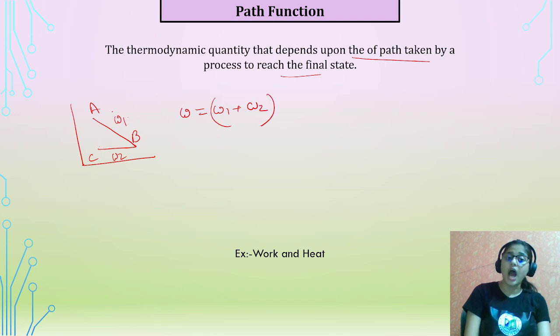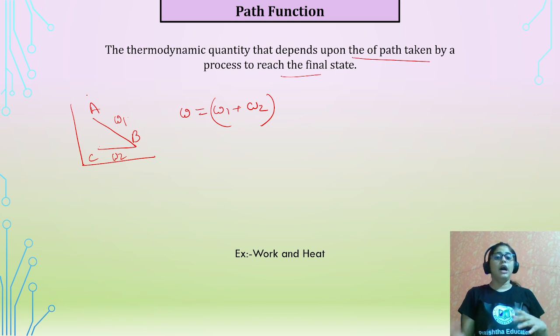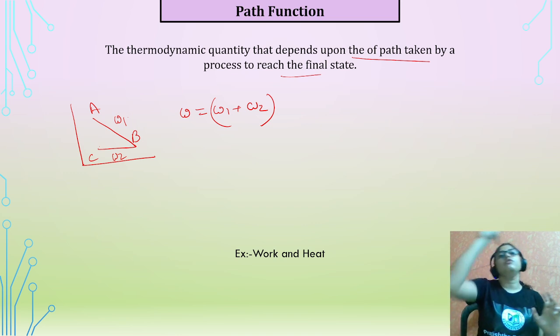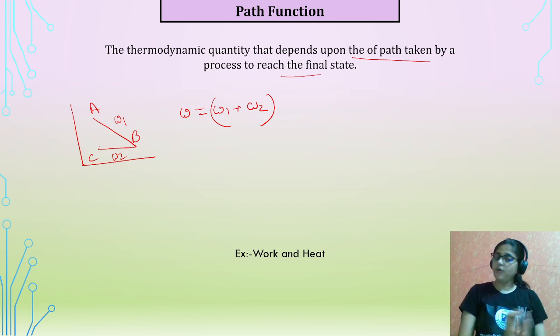So it depends on how the path is actually changing, not just the initial and final. For a state function, the path is not important. It can be a circular path, it can be zigzag. But for a path function, it depends on whether it goes in a zigzag manner or a simple linear fashion.